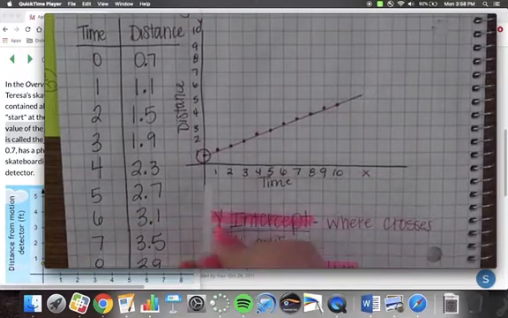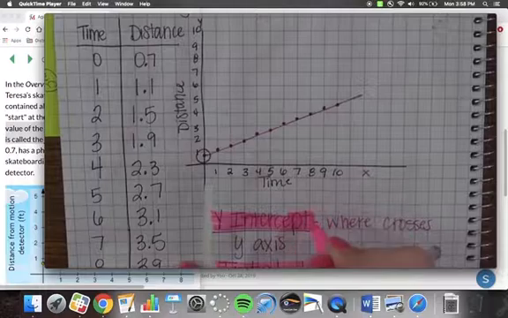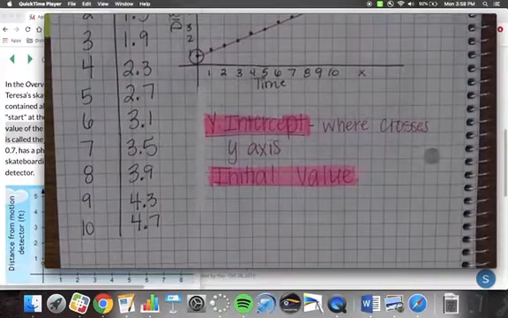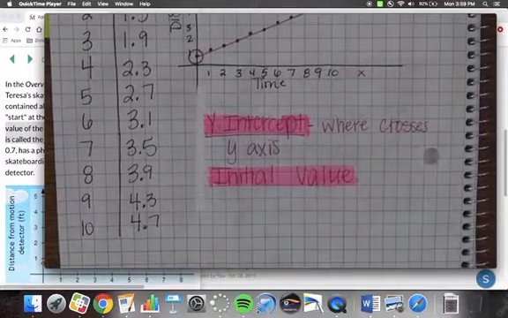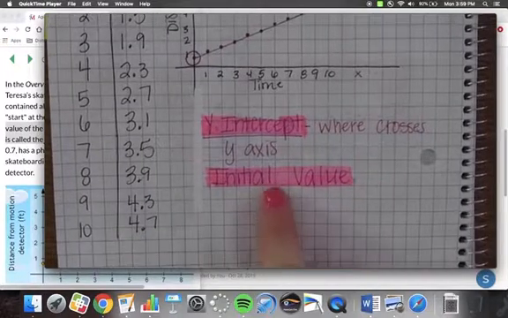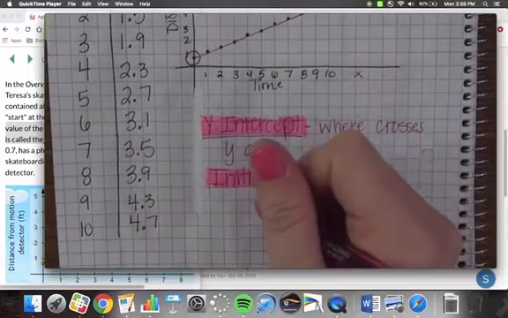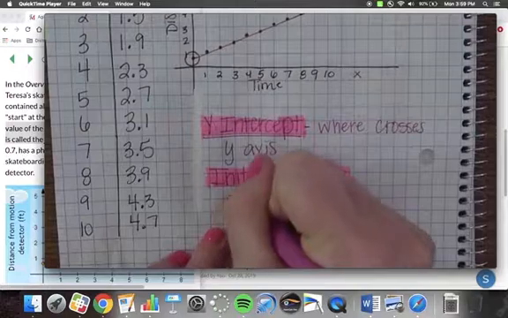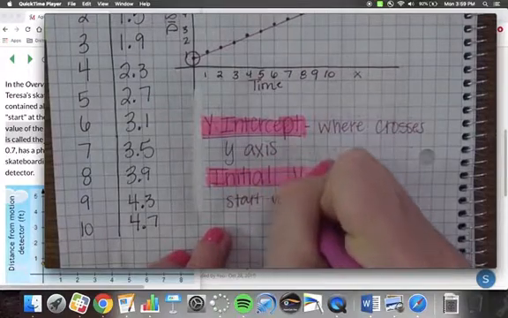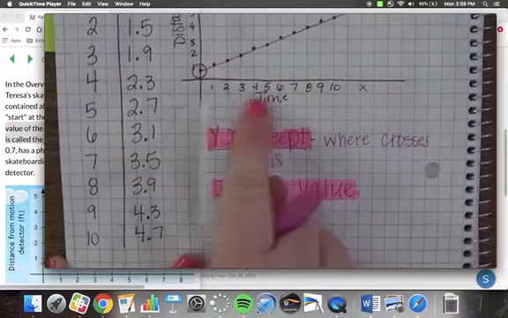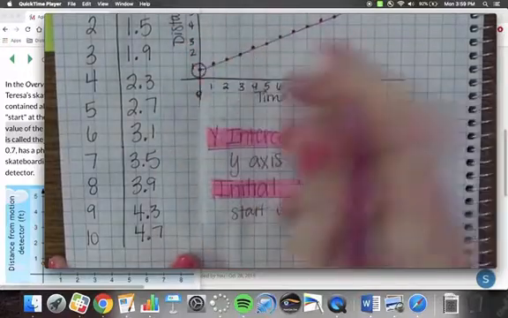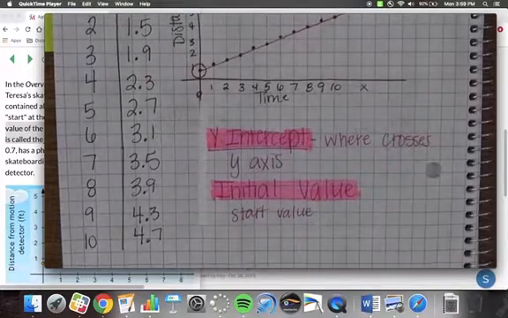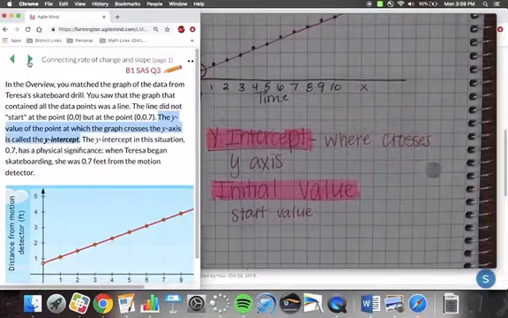Y-intercept is the same thing. Y-intercept and initial value, those are the same thing. Initial value is more of how we talk about it in terms of time, the start value. Well, if you think about it, time is 0 on the y-axis, so it's the start value. It's the initial value. Okay?